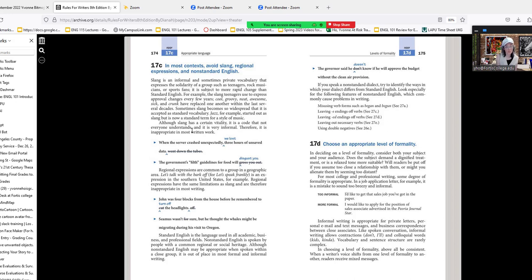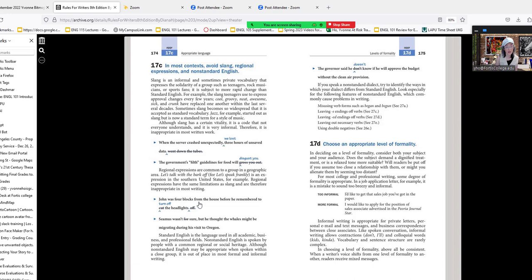So regional expressions are common to a group in a geographic area. Let's talk with the bark off means let's speak frankly, an expression in the southern United States. Regional expressions have the same limitations as slang and are therefore inappropriate in most writing.